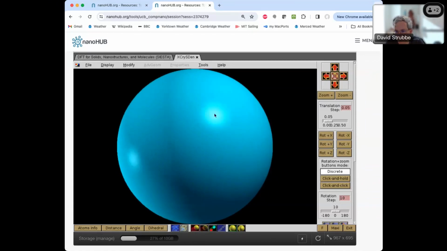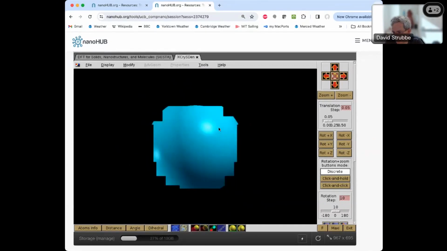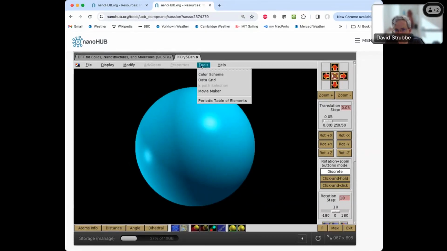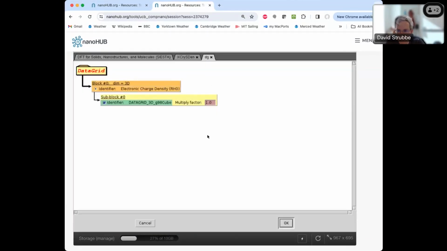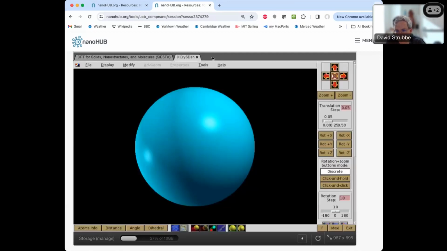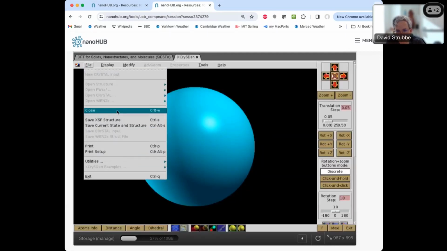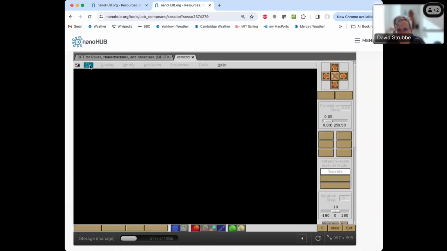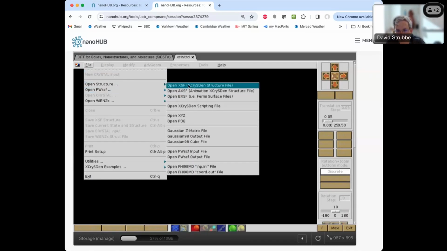Okay, so what have we got here? This is a hydrogen atom. This doesn't look very inspiring, but we can go to data grid, and you see it's got the charge density that's loaded up. Okay, that also is pretty boring. But what we can do is actually say close and then open up a new file.